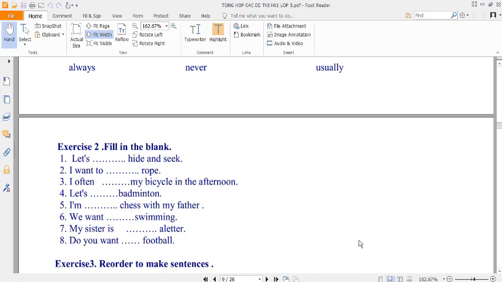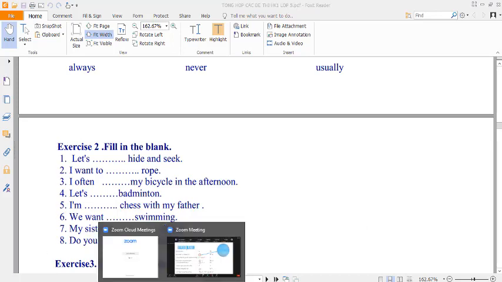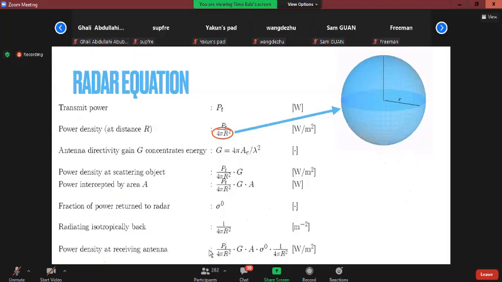We have also the antenna directivity gain, G, which is a description of how good the antenna that you use is able to focus that energy. Okay, it's like we can focus the energy more than just that sphere, which would be a totally unfocused energy, right? So the power density at the scattering object that you're looking at is a bit higher because we can multiply it by G.